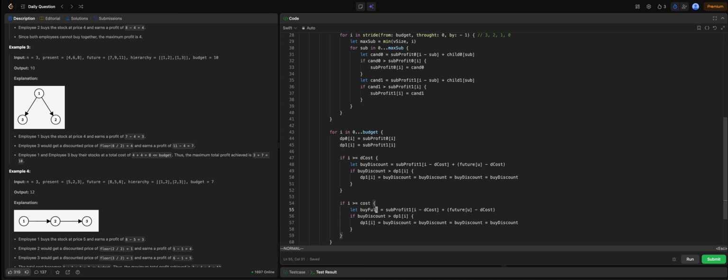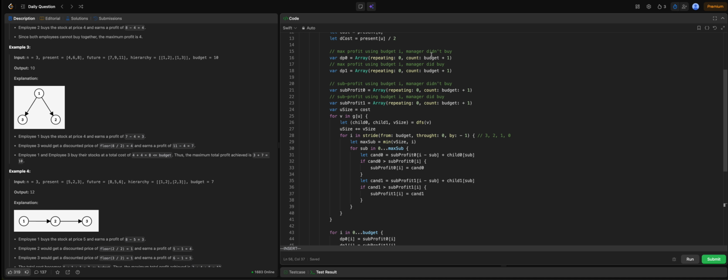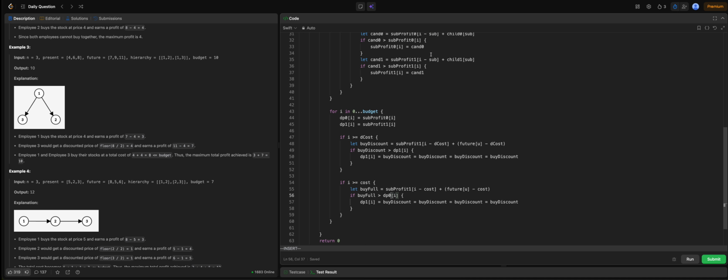If we're buying the full, it means we are using the sub profit of 1 also, and then that will be a full cost in here, and the future of u minus cost, not the discount cost, and then we have a buy full, and then dp of 0, because our dynamic programming 0 is for without the discount, that means the manager didn't buy.